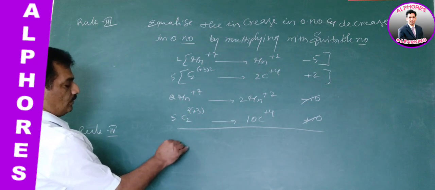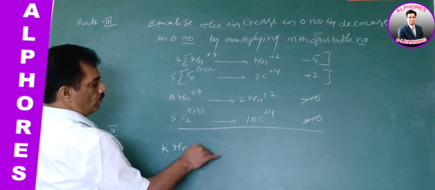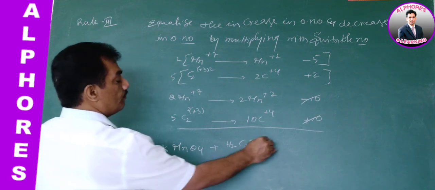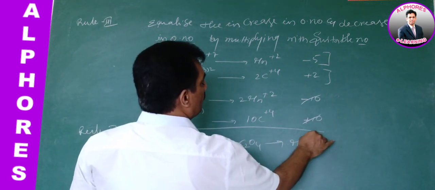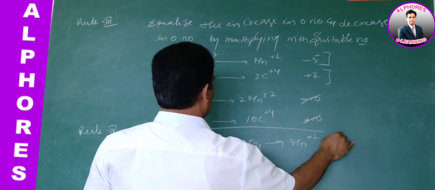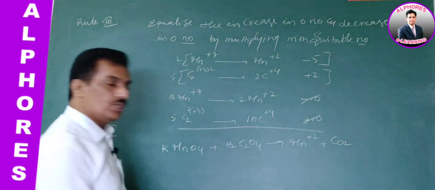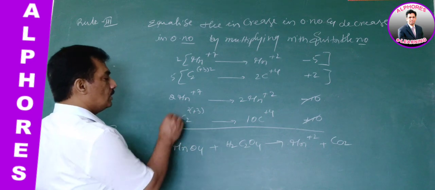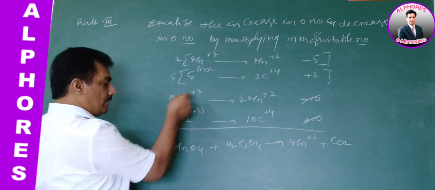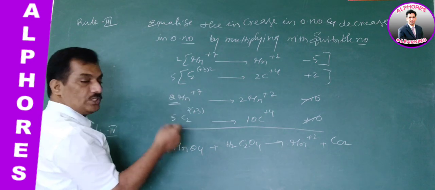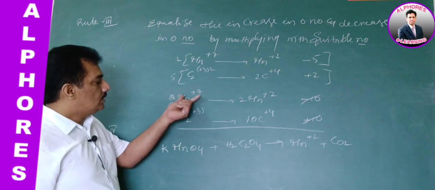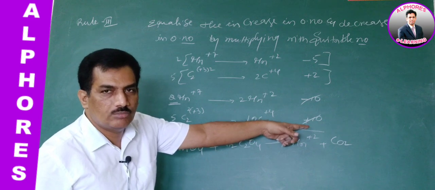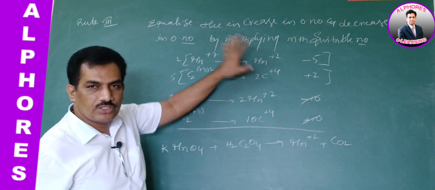And now, what is the reaction given? Let me write. The actual reaction is KMnO4 plus H2C2O4 giving Mn plus 2 plus CO2. This is the reaction given, is it not? And now we have to use these coefficients with the respective species. In balancing the oxidation numbers, we are multiplying the equation with suitable numbers.